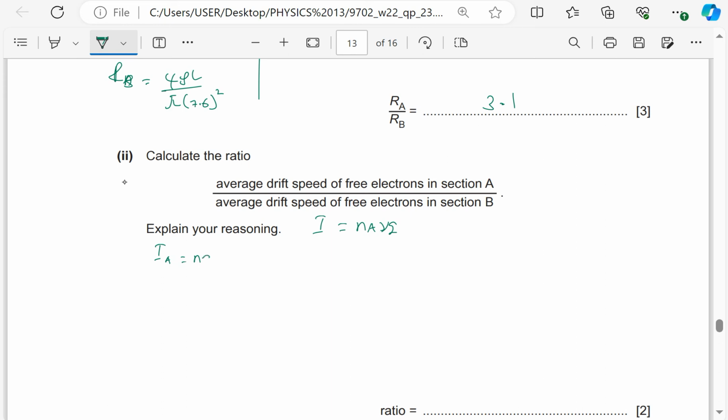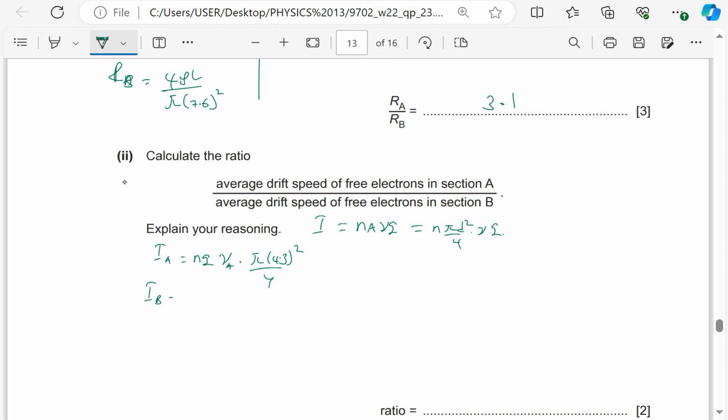The charge of each charge carrier is constant. What is changing is the area. This will be N pi d squared over 4 times V times Q. So this is going to be N Q times V of A times pi, where for the diameter for A I'll put 4.3 squared divided by 4.